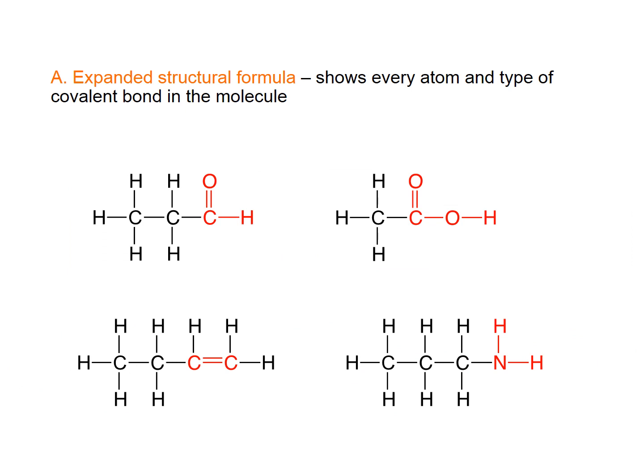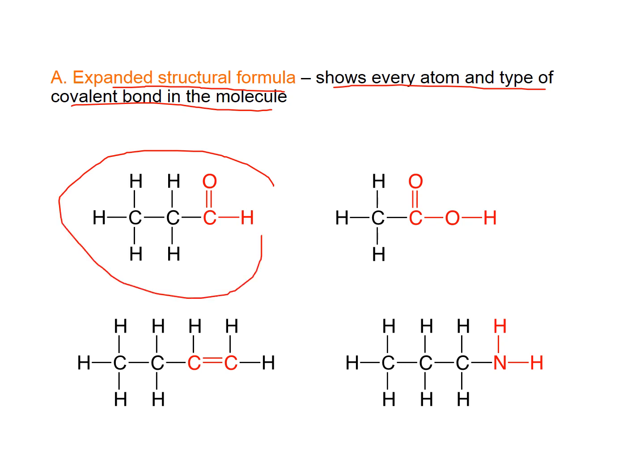Number 1, expanded structural formula shows every atom and type of covalent bond in the molecule. So daripada expanded structural formula, kamu boleh nampak siapa attach kepada siapa, apa dia punya functional group, dia ada double ke, triple ke, single bond ke. Everything is shown.